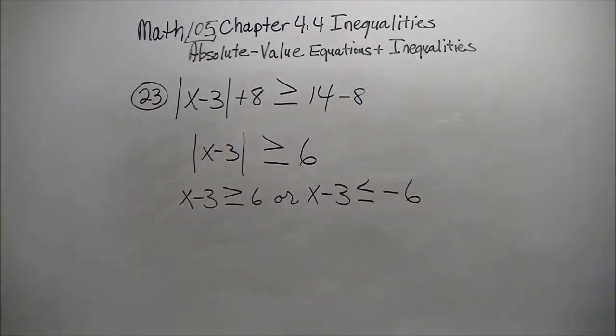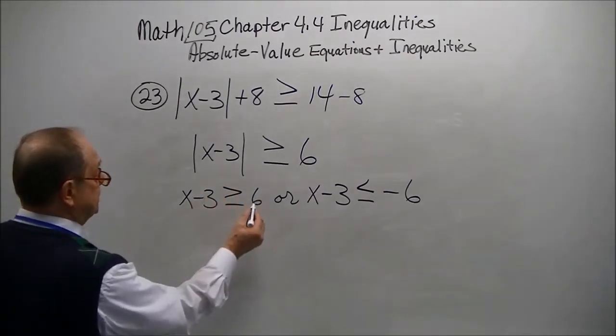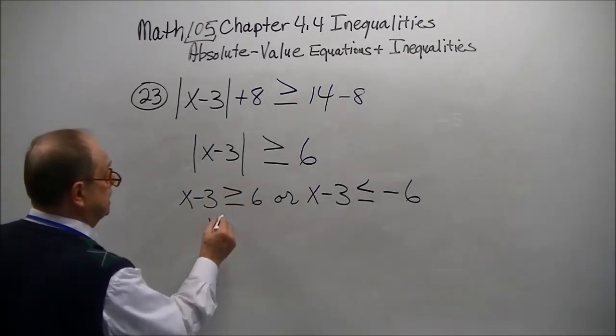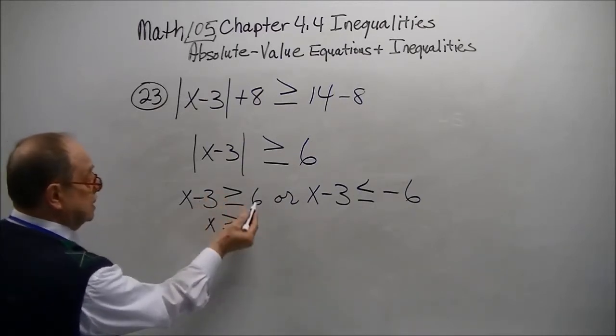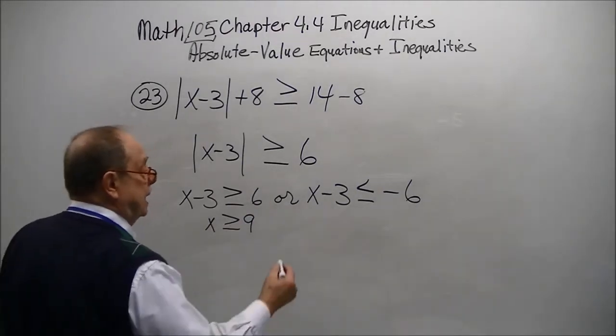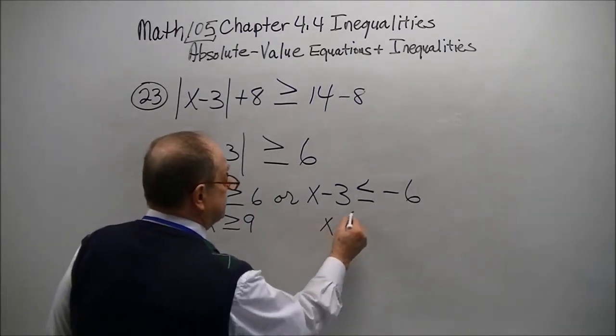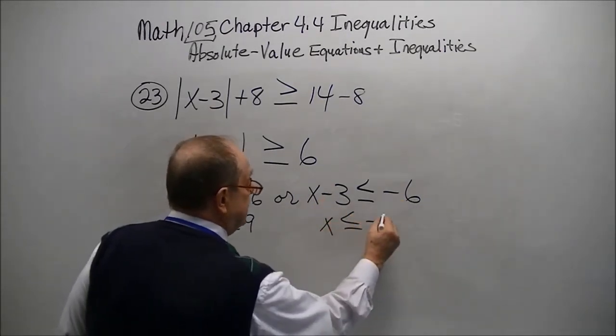So there's our two equations, or inequalities. We transpose this, and this becomes x is greater or equal to 9. Bringing the negative 3 over becomes a positive. And then this is going to be x is less than or equal to a negative 3.